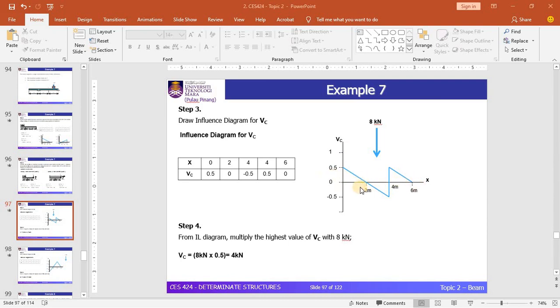To determine the maximum positive value of shear force in the diagram, you need to move this particular load, which is the 8 kilonewton point load, along the diagram. You need to place this point load at a position where it will give a critical value or the maximum value. In the diagram we have a positive side and a negative side.